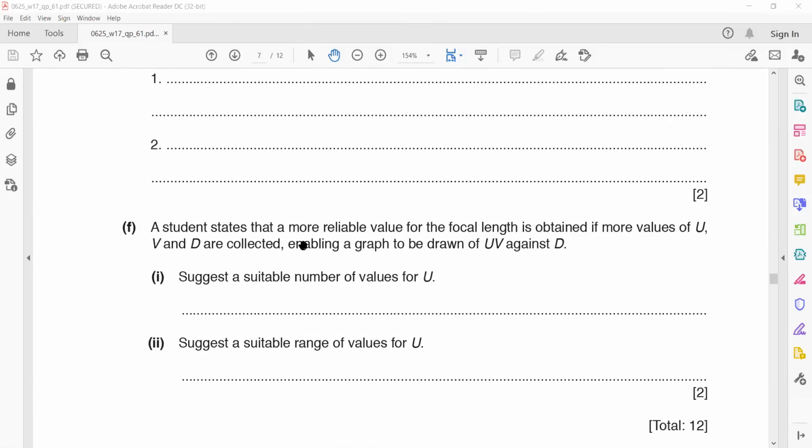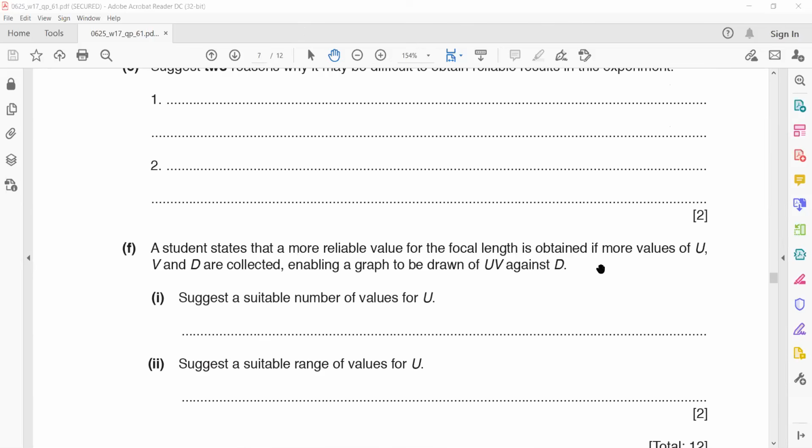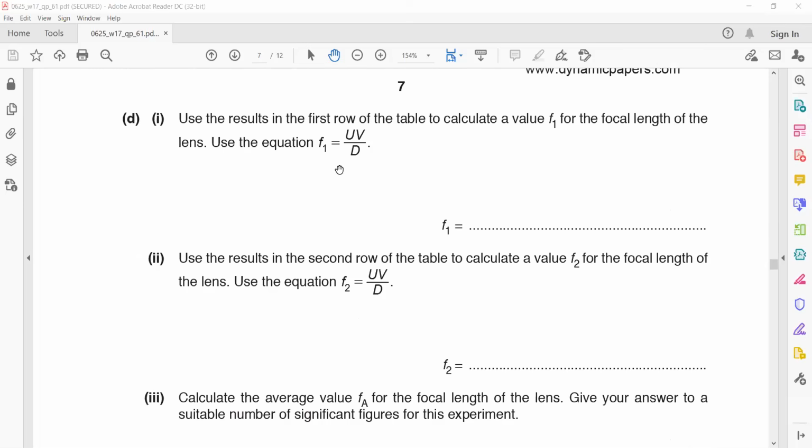A student states that a more reliable value of the focal length is obtained if more values of U and V are collected, enabling a graph to be drawn of UV against D. Suggest a suitable number of values of U, like how many times we should measure different values of U, because in this experiment we only take 2 values.